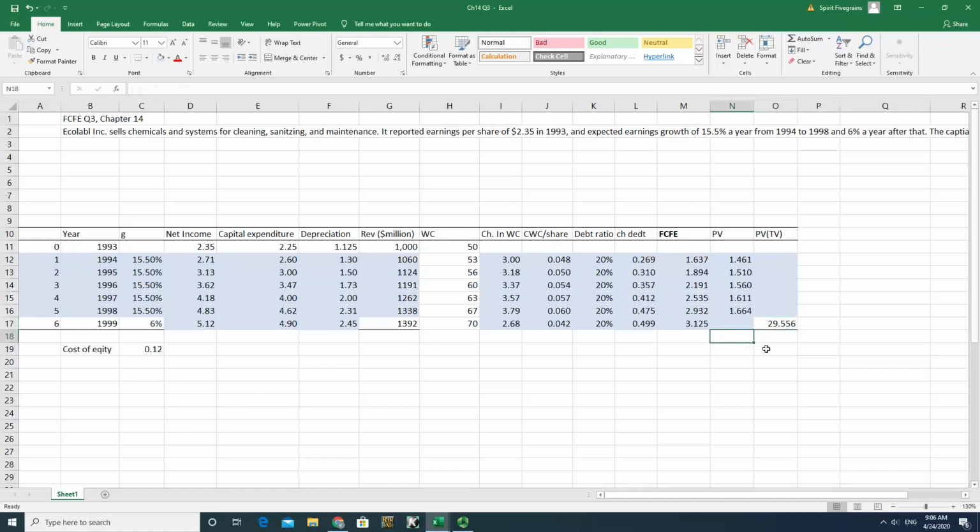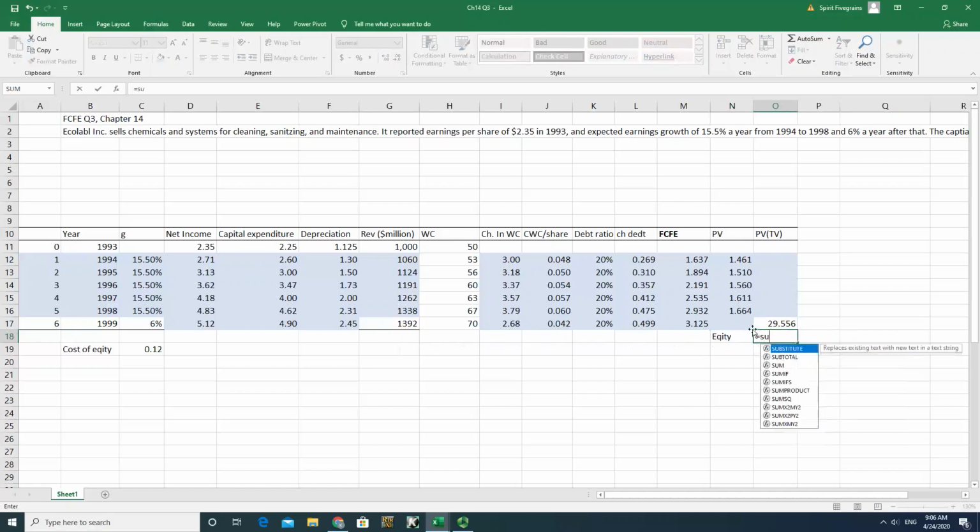So the total equity value equals the sum of those 5 present values plus terminal value. Right? Did I miss anything?